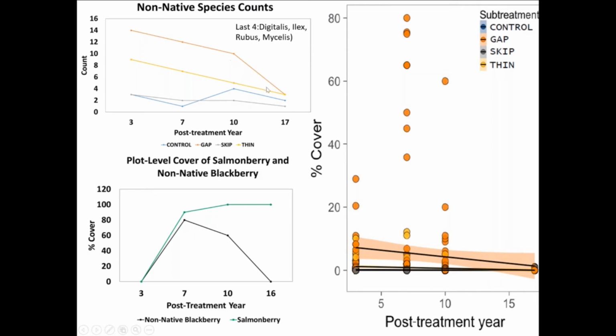So people often ask about non-native species, and initially we had a fair number of non-native species, particularly up in the gaps. This is the gaps, in the thinned area, and this in the control and the skips. But the number of non-native species has really declined over time.